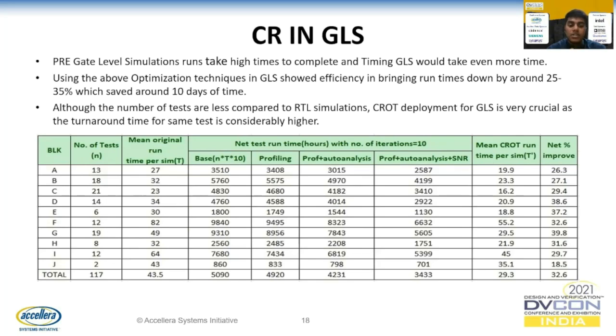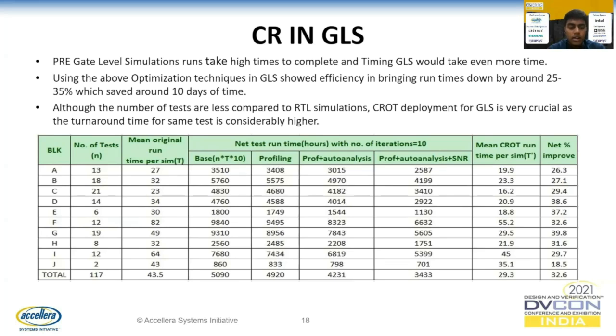Pre-gate level simulations, that is, the unit delay simulation with netlist, take a long time to complete, and timing GLS takes even more time due to the SDF compilation and back annotation. Using the above optimization techniques in GLS showed an efficiency in bringing down runtimes by around 25 to 35%, which saved around 10 days of time.